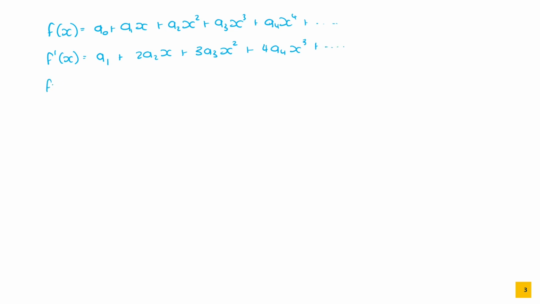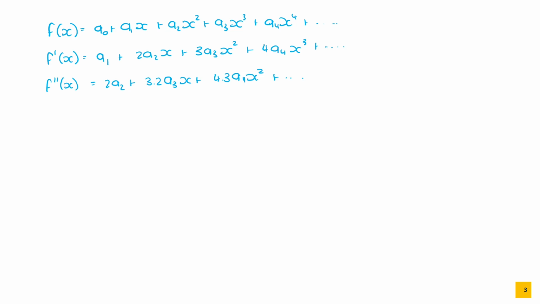Then we take the second derivative. So that a1 goes away. We have 2a2 plus 3 times 2a3x plus 4 times 3a4x squared plus dot, dot, dot.